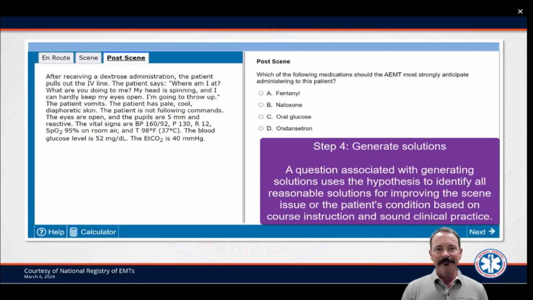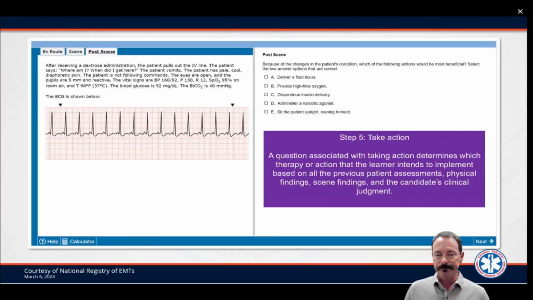So looking at the advanced, when you've got a blood glucose at 52, and they're at least awake, we don't know how well, are we worried about them aspirating, yes or no? So you would have to pick the answer that you believe is the correct answer in this given situation.